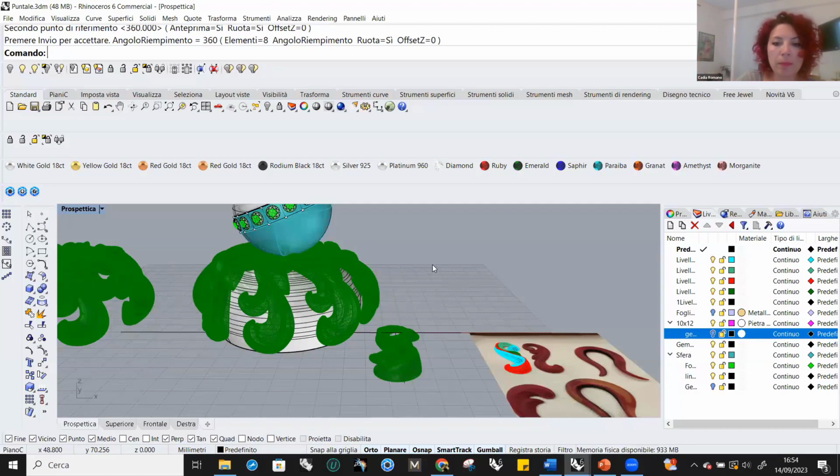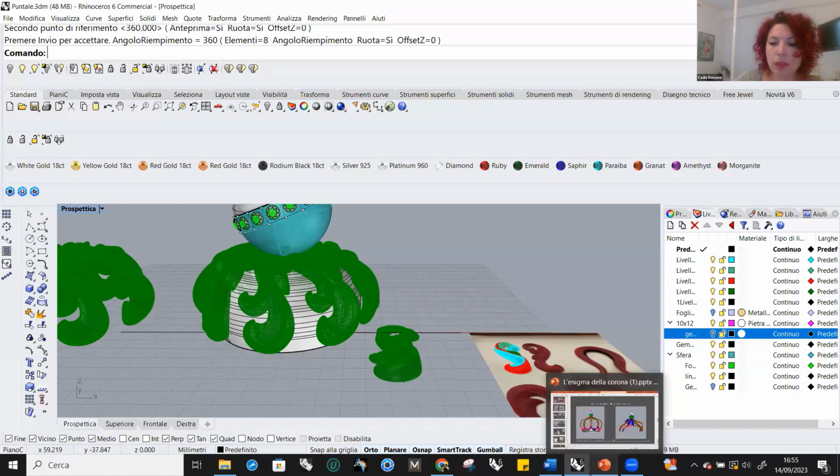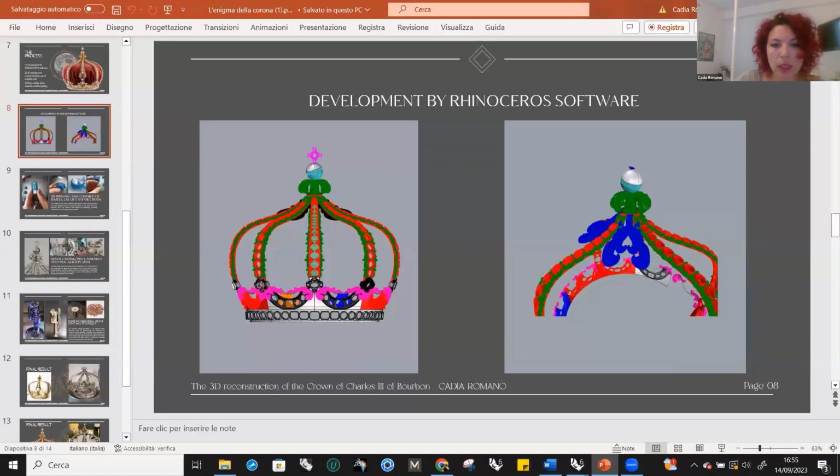Usually, I love network curve, scroll along curve, all the tools that can help me simplify the process, have a good result and reduce the time that I work on the project.